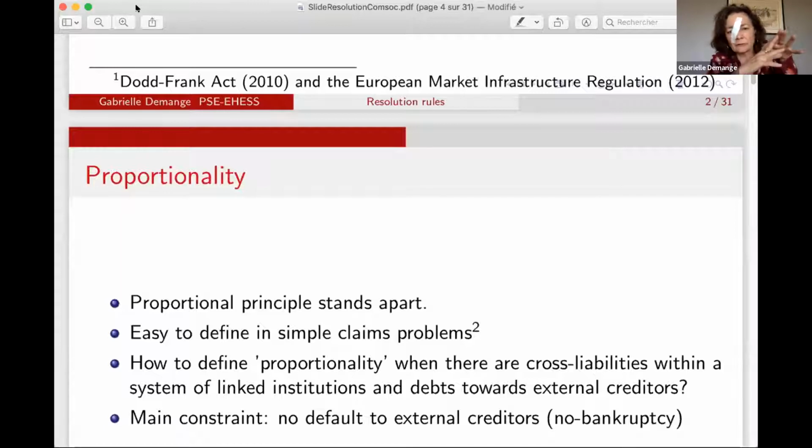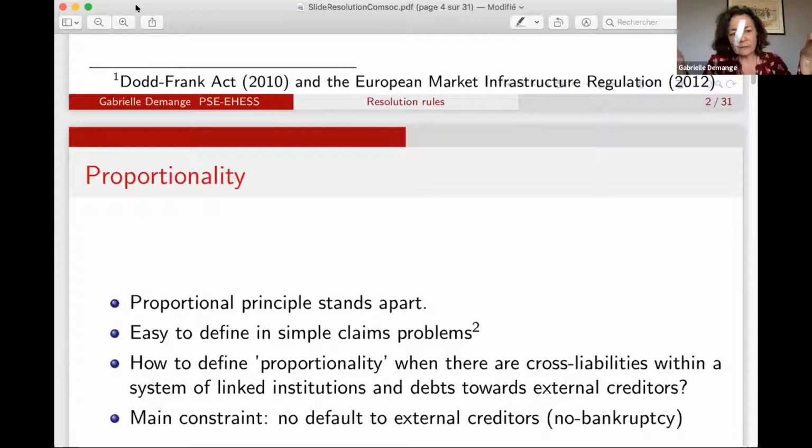Also, one of my main interests is that I am looking at a system of financially linked institutions, but that have relationships with external creditors. So what is happening in the system has an impact on external creditors.